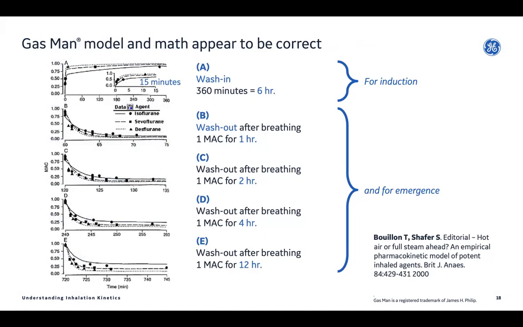At the end of an anesthetic of a duration of a minute, of an hour and a half, or 2 hours, or these various lengths of time, Gas Man again predicts the end-tidal level over time during emergence.